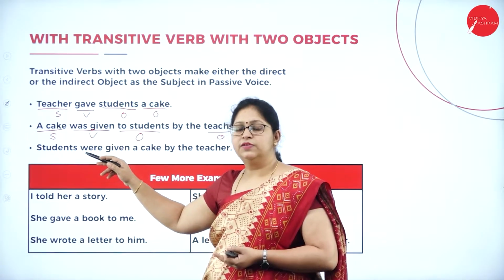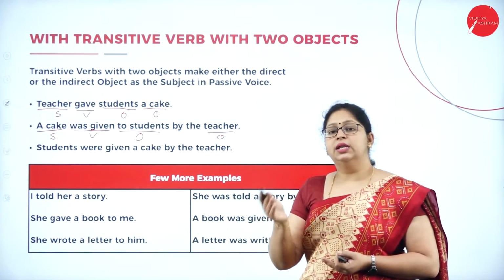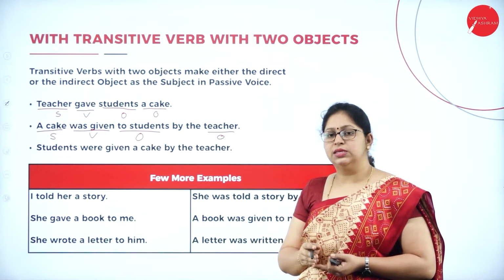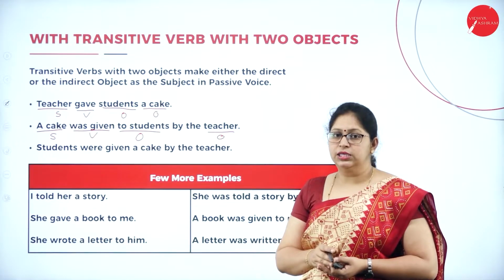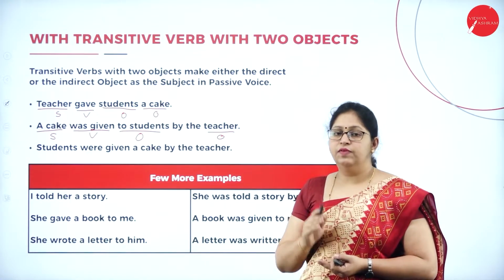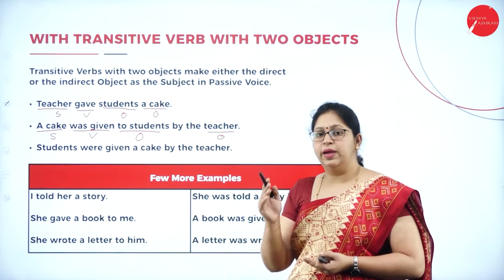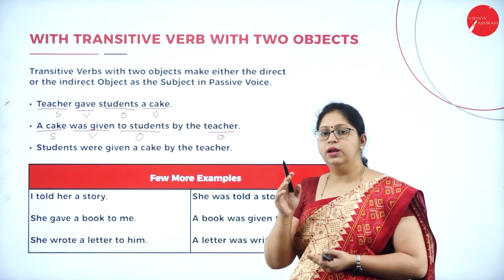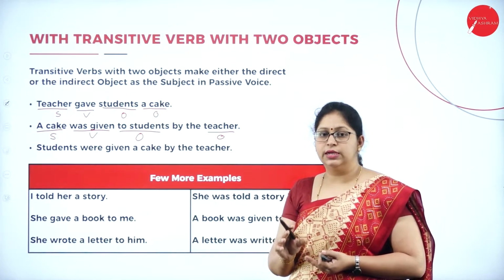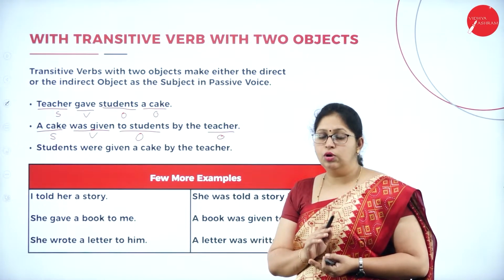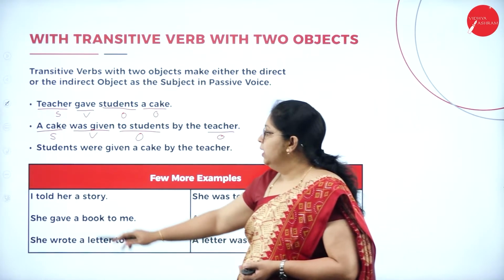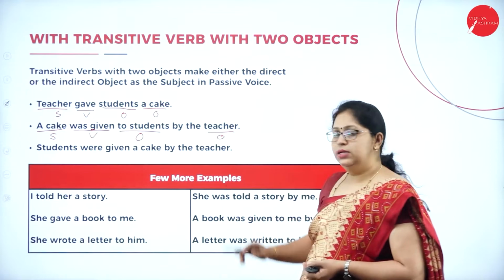If it is in the past form, then it will be the past participle. If it is in the present form, it will be in the past form. The tense will change when you are changing a sentence from active to passive. Whenever the voice is changed for a sentence, remember the tense also will slightly change. Students were given a cake by the teacher.